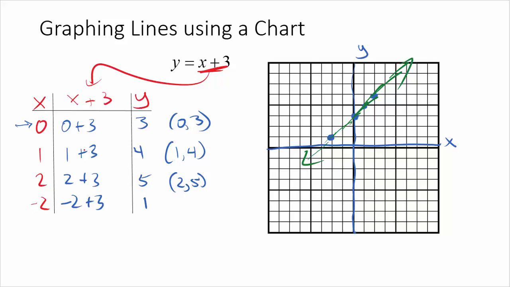As a recommendation, I always graph at least 3 points when I'm making a chart, because if you just graph 2, I don't necessarily know if I made a mistake on one of them. But if I graph a third and they all do line up, the odds are I've got the right answer. If they don't line up, if I had a point that was off here somewhere, I could tell that one of these points must have a mistake.